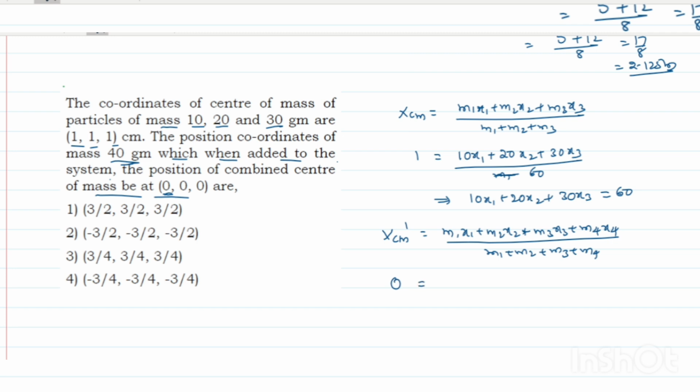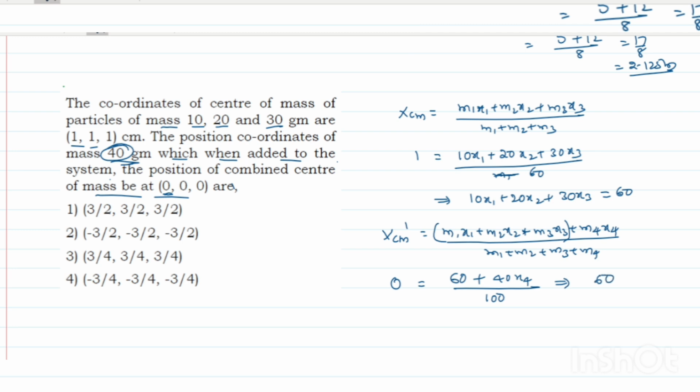So 0 will be equal to m1 x1 plus m2 x2 plus m3 x3, whose whole value we know already, that is 60, plus m4, in the sense you are adding the 40 gram mass, so 40 into x4, by 10 plus 20 plus 30 is 60, 60 plus 40 will be 100, which is nothing but 60.